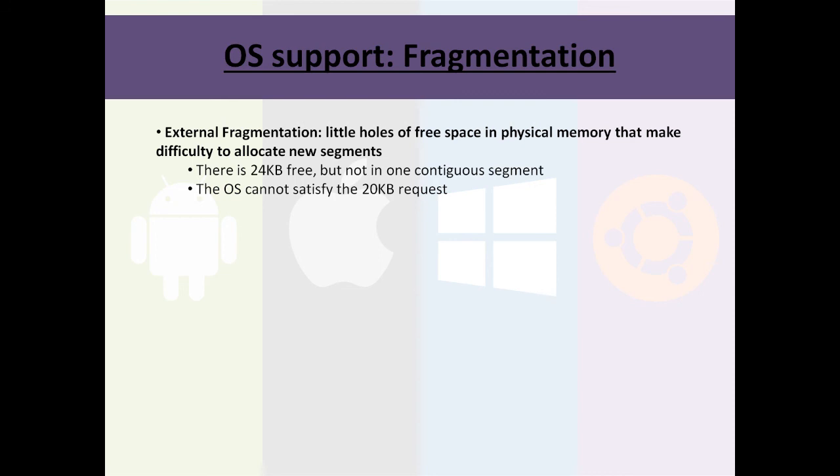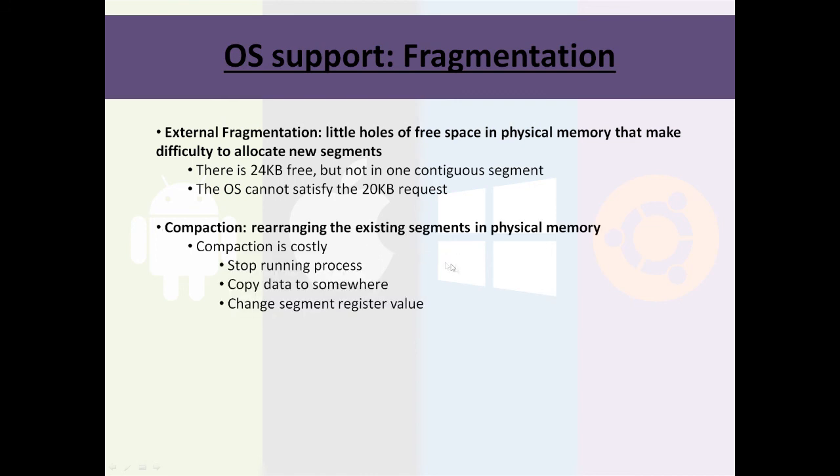So say there is 24 kilobytes free, but not in one contiguous segment. So there's maybe 4 here, 6 there, 8 there, etc. Now, the operating system cannot satisfy the request for a 20 kilobyte sized segment, right? And that's because our memory space is so fragmented that there's no space for it.